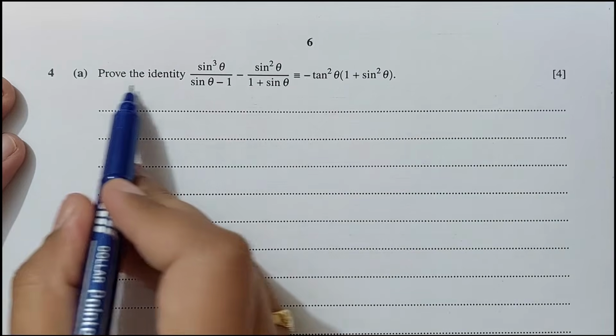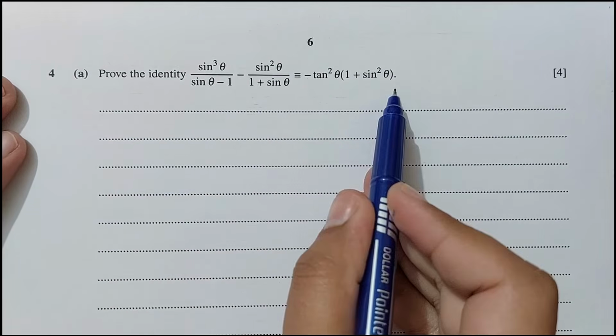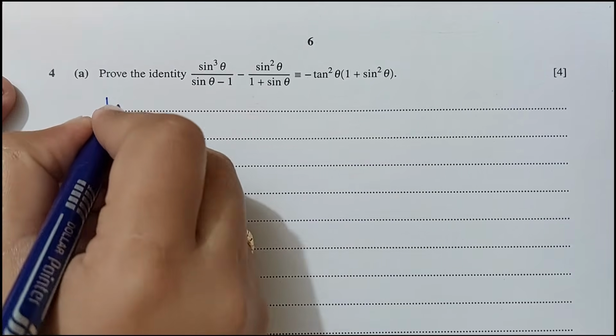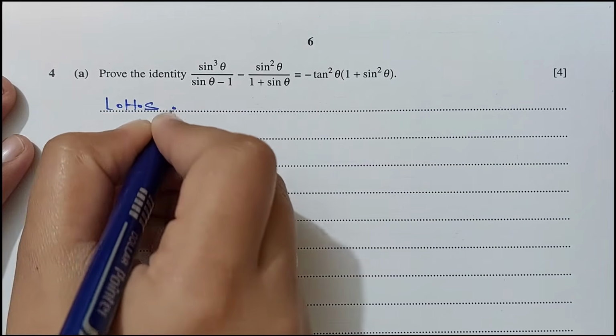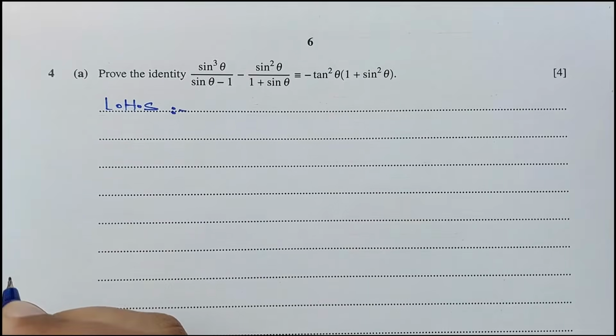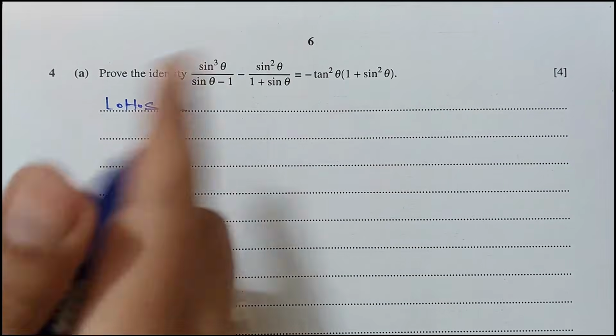Question number 4, part A, prove the identity: left hand side must be equal to the right hand side. So let me start from the left hand side. As you can see on the left hand side, we have to take the LCM. We do the cross multiplication first.